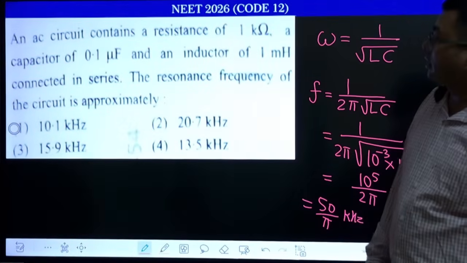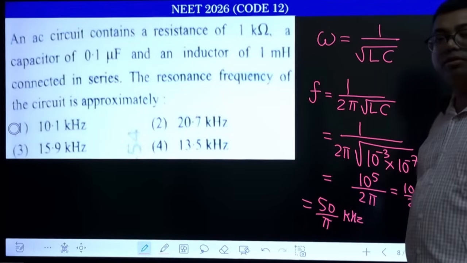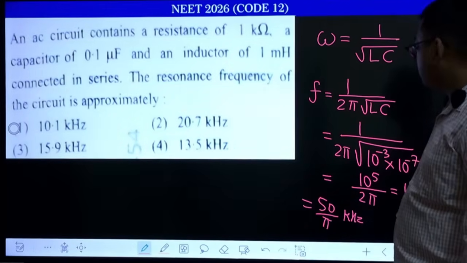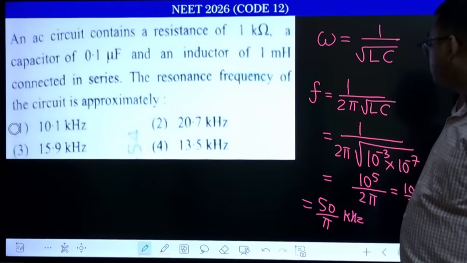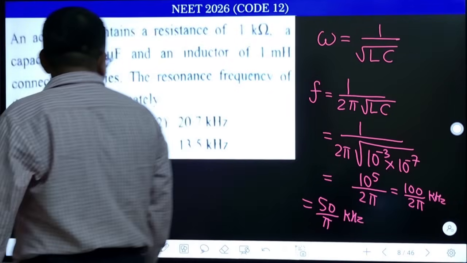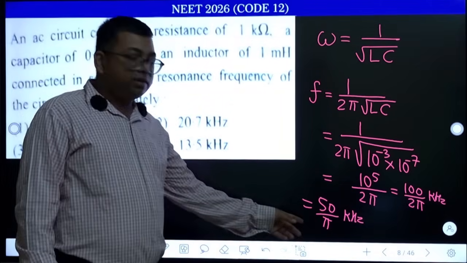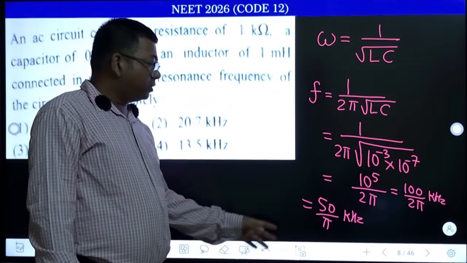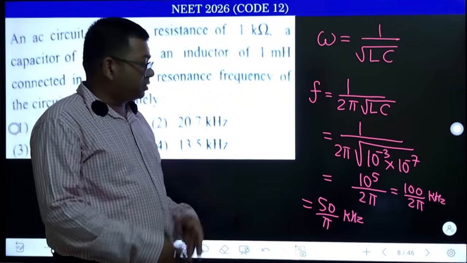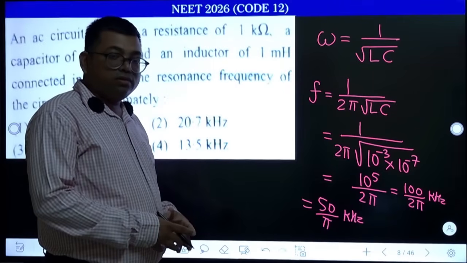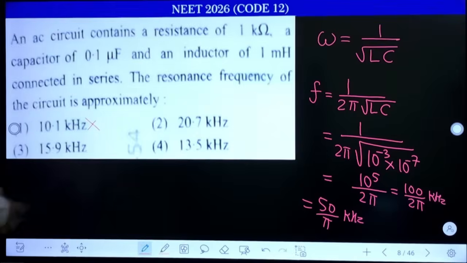Now decide what can be the answer. 50 by pi, pi is approximately 3.14. So how much will it be? Definitely 10 is not possible, correct? Because even if you take 3, 50 by 3 is 16 point something, so nearly around that.